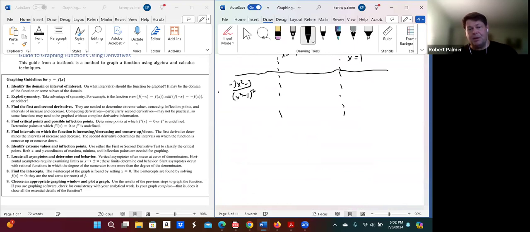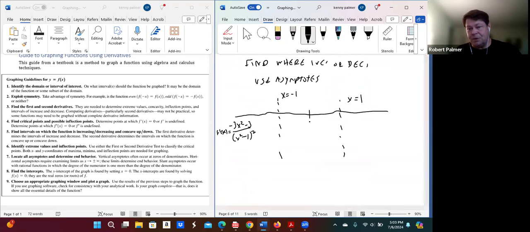That's f prime of x. Now, that one's a bit of a pain to use, so what we're going to do is use Desmos to help us out with that. We just need to plug in values on either side. Here we'll use 0 in the middle, and we'll just use -2 and +2.